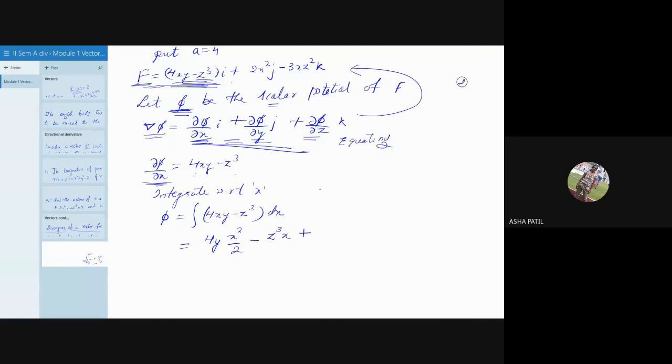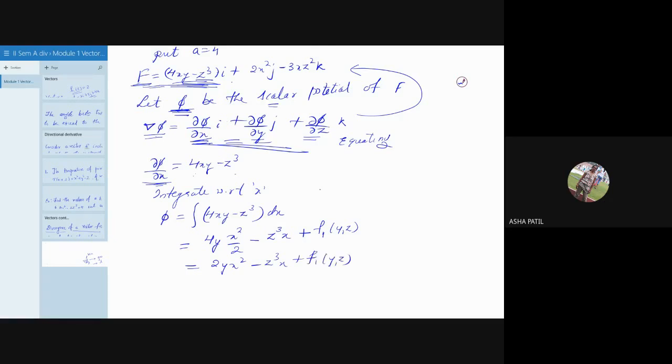Plus C. Instead of C, we will write a function of y and z as the constant. Why? Because this is your phi function. I'll simplify and write one more step, then explain. If you simplify, you get 2y x square minus z cube x plus f1 of y, z.